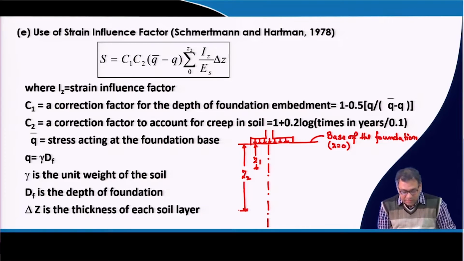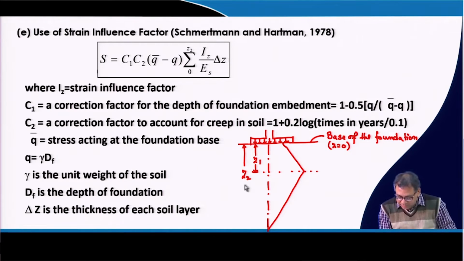So, how will I decide z2? This is my z1 value and this is my z2 value. Corresponding to z1, I am drawing a line. This influence line or influence factor we will get by using this line. That means your z2 will also extend up to this point.